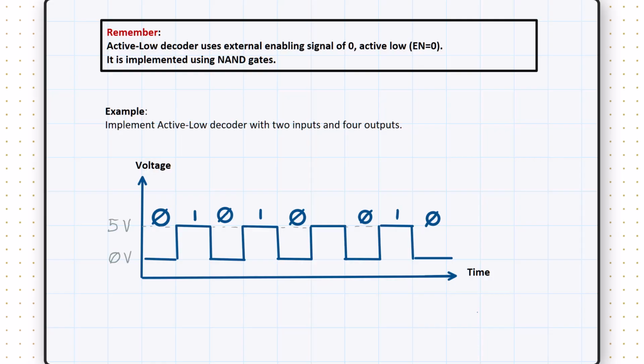So keeping in mind that we're using the same S0 and S1 as inputs, and respectively Q0, Q1, Q2, and Q3 as outputs, we will have to be very careful to note on our truth table and on our diagram that the active enabling signal is 0, which in reality means that the whole logic of what we've been doing with the active low decoder is going to be inverted.